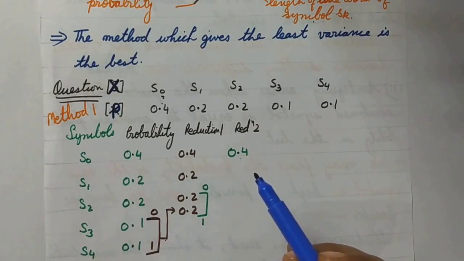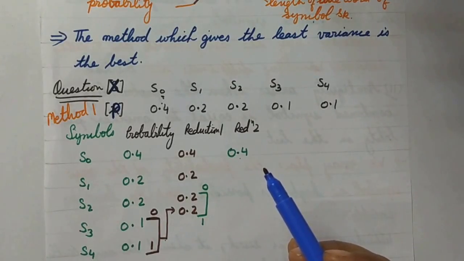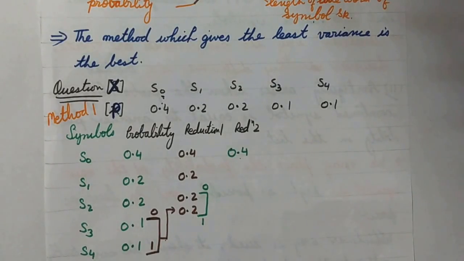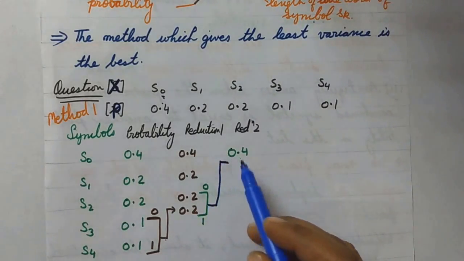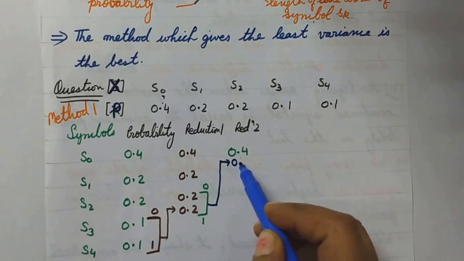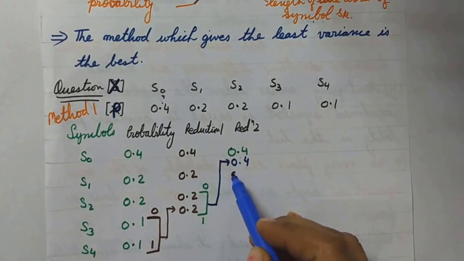If it is not the same, then you keep it in decreasing order wherever it fits. So 0.2, 0.2, 0.4. This 0.4 will come below the existing 0.4, and this 0.2.